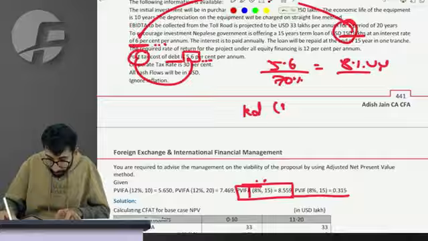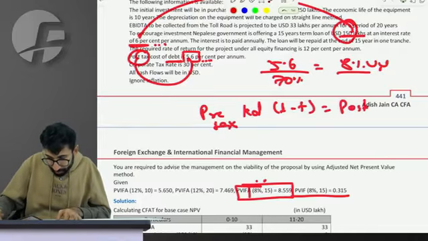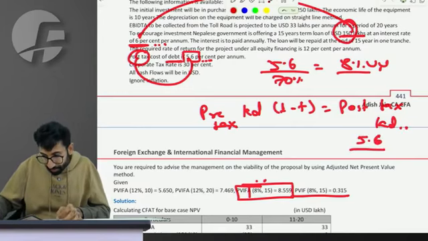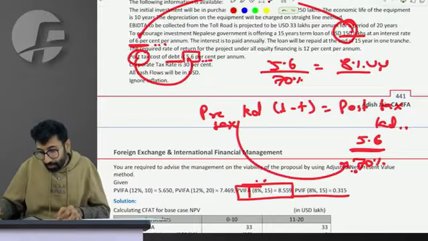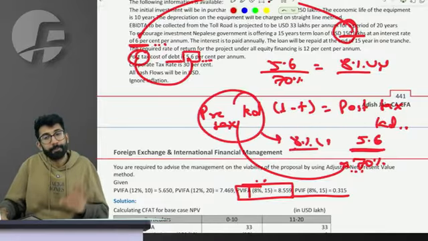Sir, cost of debt into 1 minus T. Pre-tax cost of debt into 1 minus T is post-tax cost of debt. If post-tax cost of debt is 5.6, dividing by 70% will give me pre-tax KD of 8%.